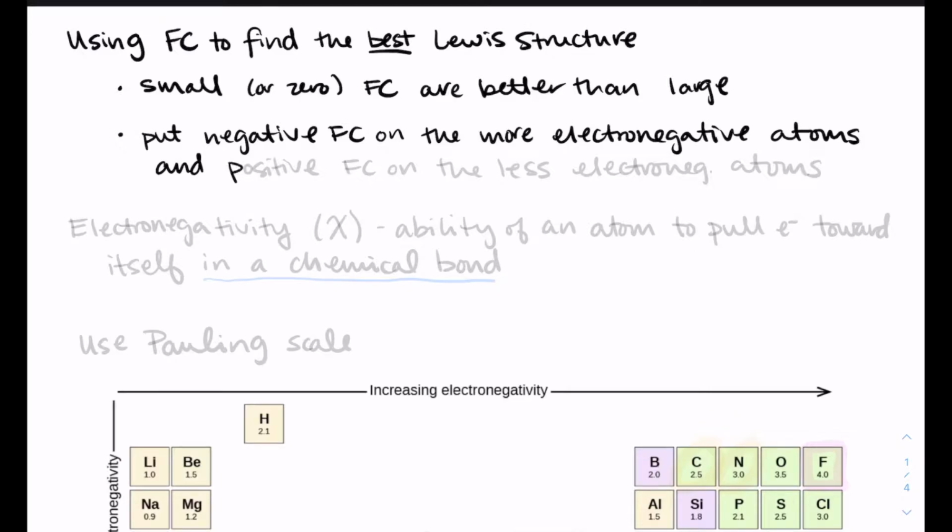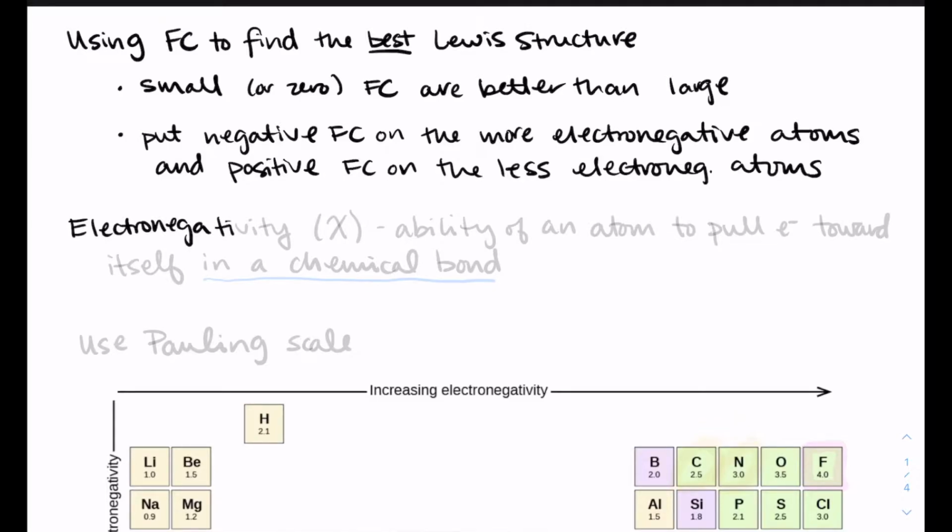Now these come after you have followed the priorities for making the structure in the first place. So getting an octet on something that wants an octet is going to be more important than some of these rules. Okay, so we're using electronegativity to make a decision about where the formal charges go.